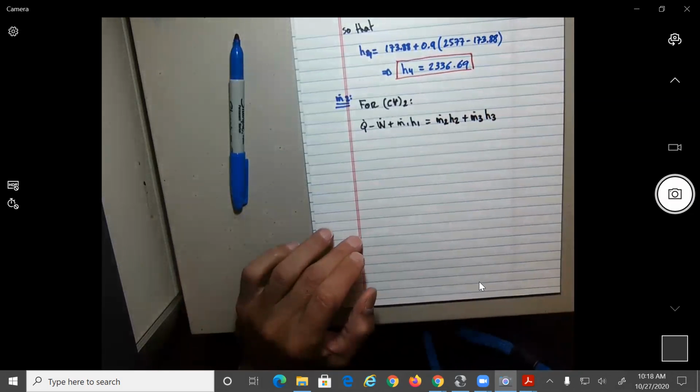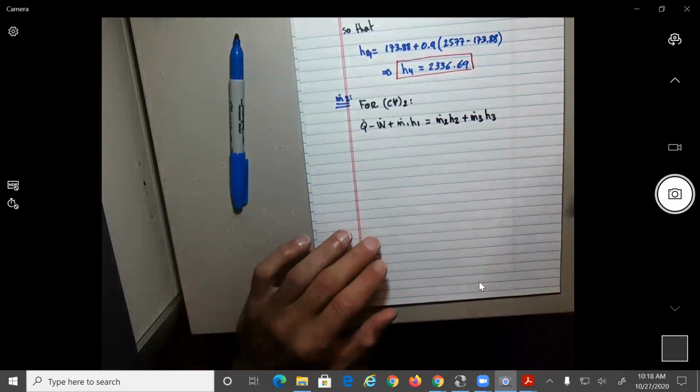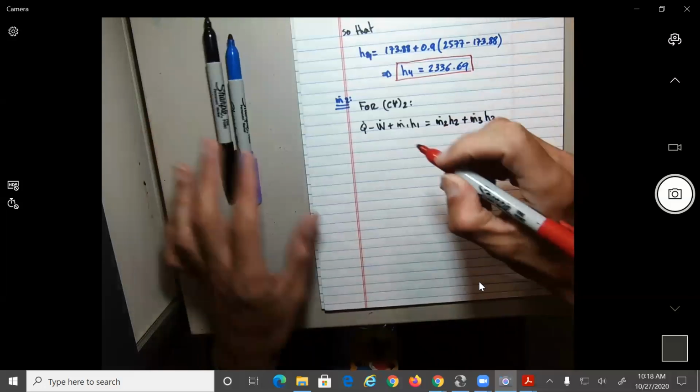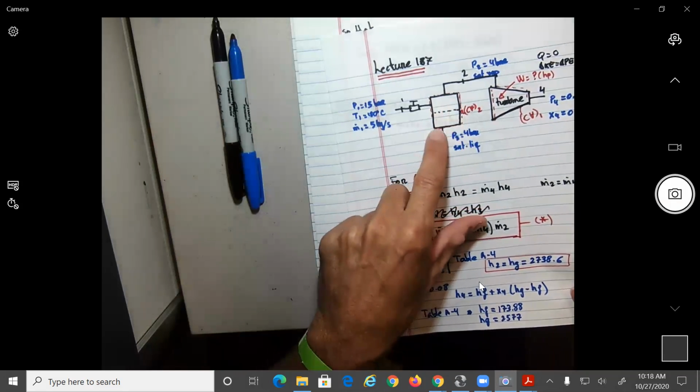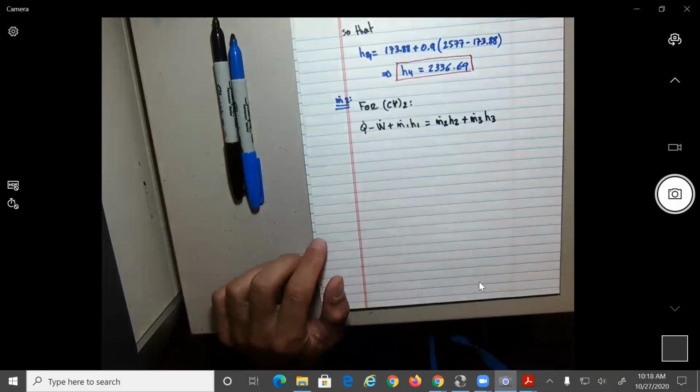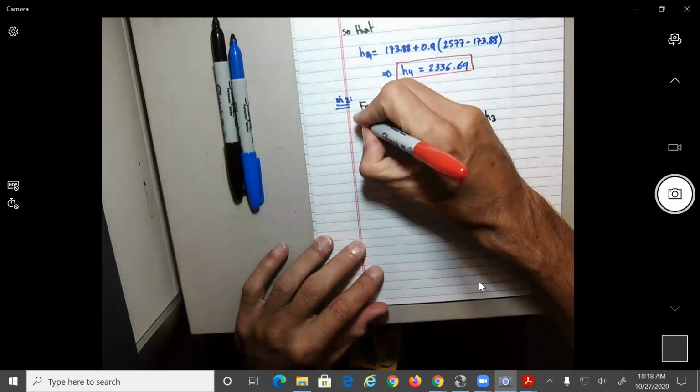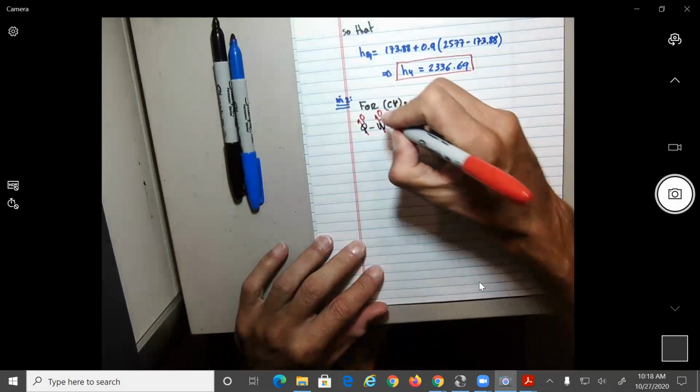Is there any work or any Q in this control volume? No. So this term will be 0, this term will be 0.